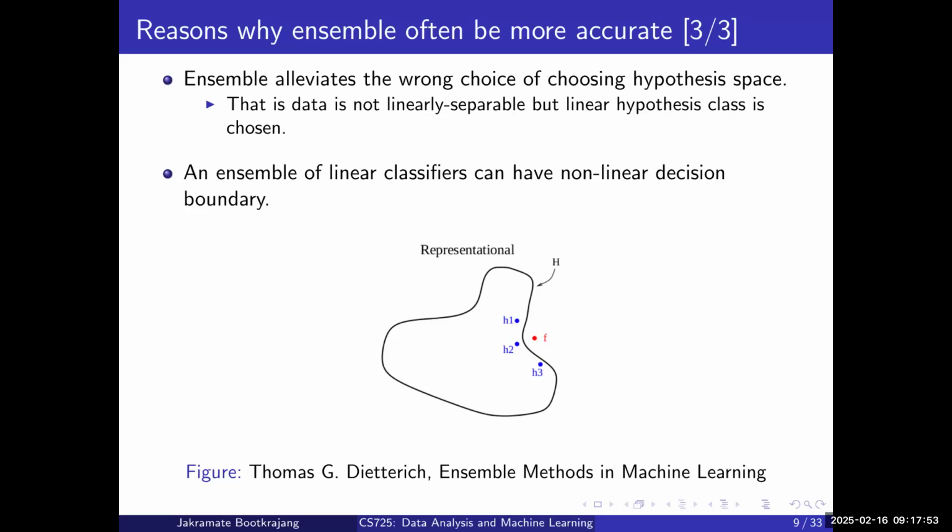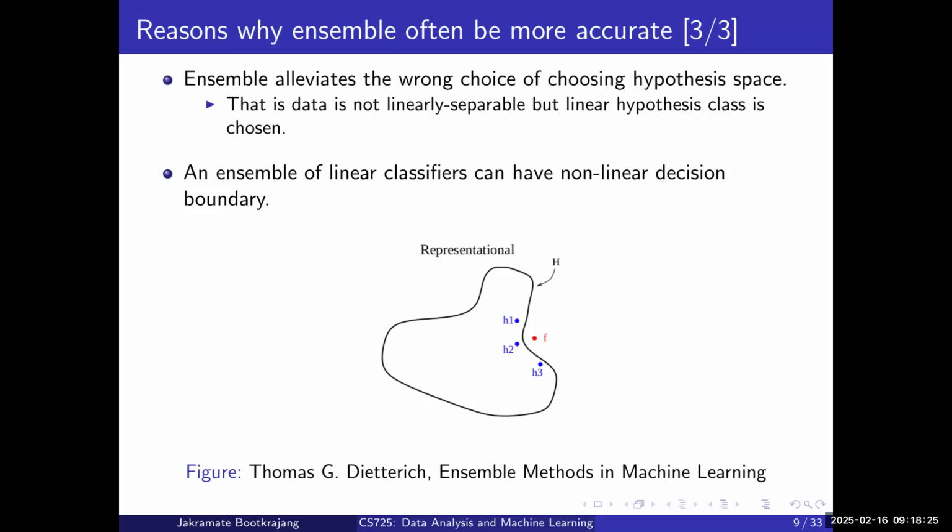So the ensemble can solve a nonlinear problem. Up until now, when we learn about classifying methods, we actually split between linear and non-linear. We think that if the data is linearly separable, we should use a linear classifier.